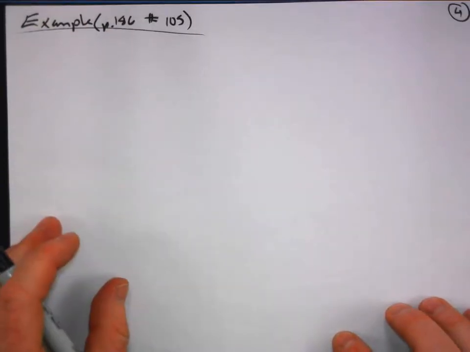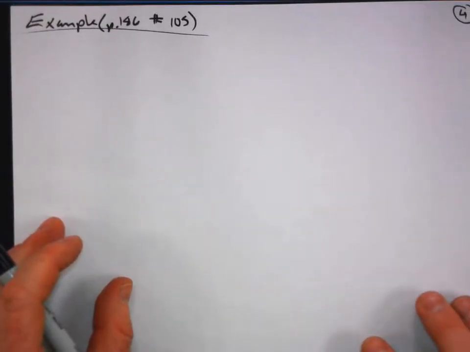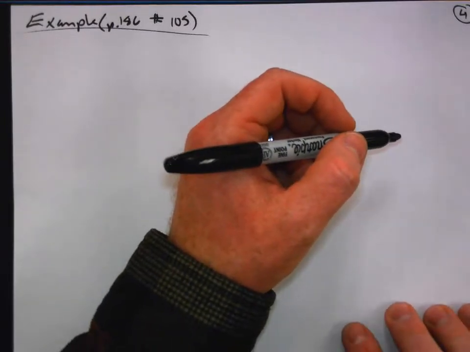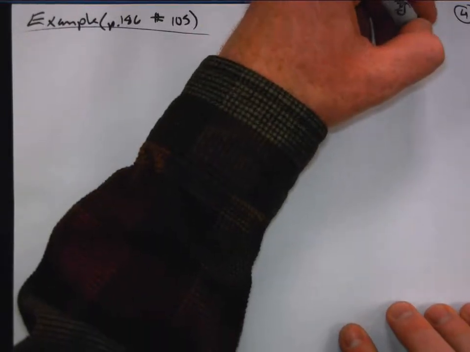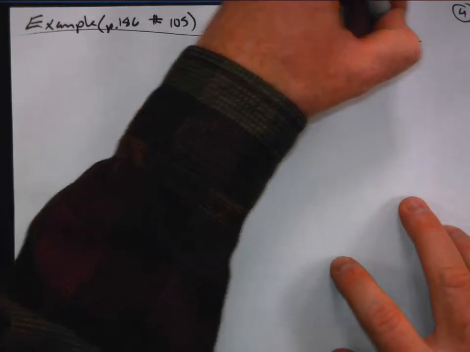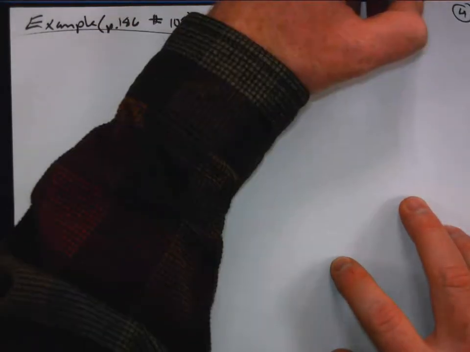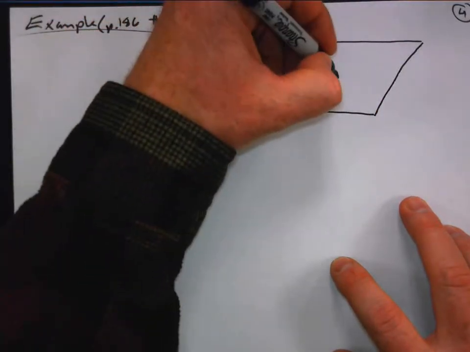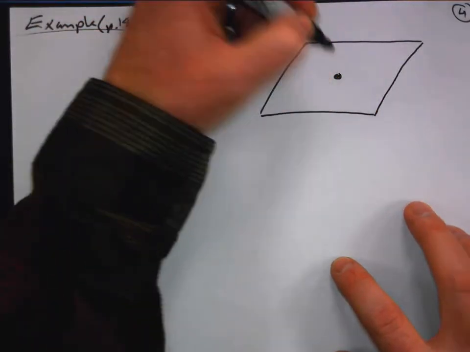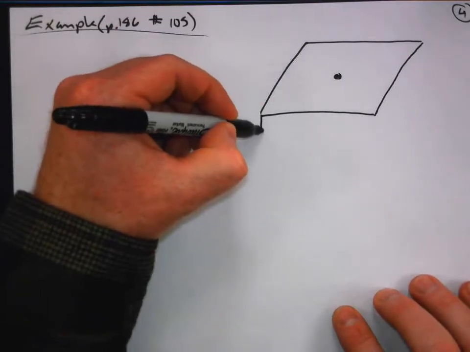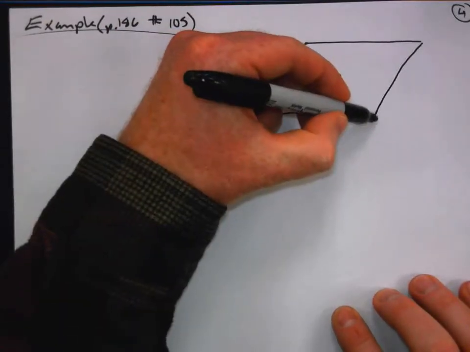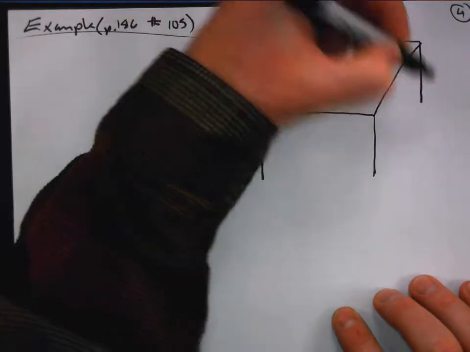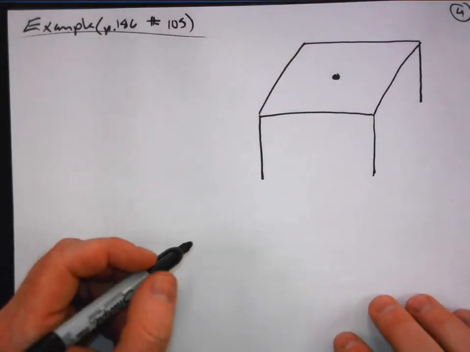So you can reference that question. It's kind of an odd setup. It's not a setup you would expect to really exist and be useful, but let's imagine a table, right? And in the table, in the center, is this hole. Draw some table legs here so we have some more realistic imagery.